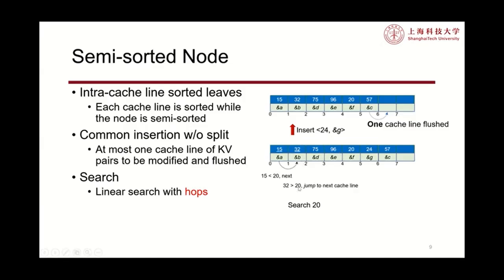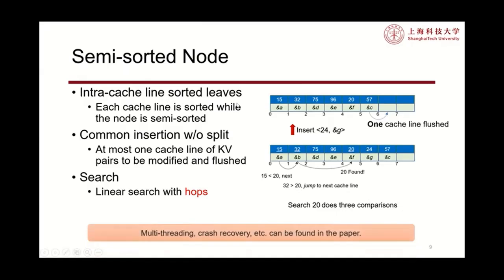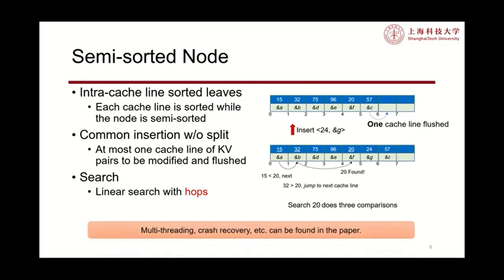And then here, we find our target. So from this example, you can see how to search for key 20. This is the core design of the tree, the intra-cache line sorted leaf nodes, and more details about multi-threading and crash recovery can be found in the paper.